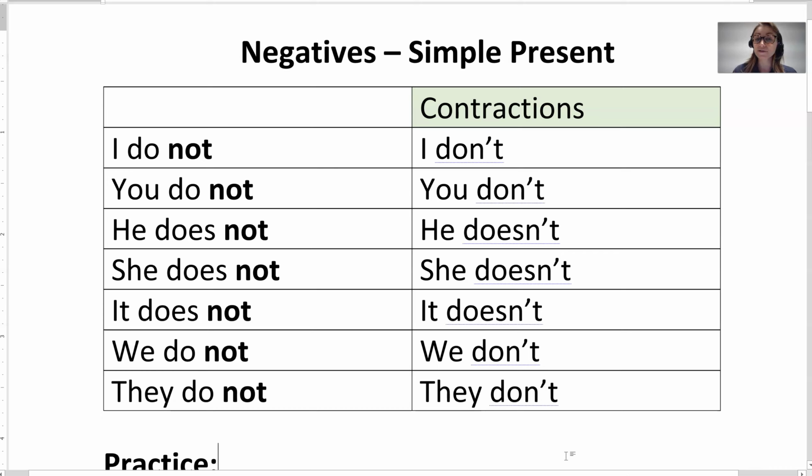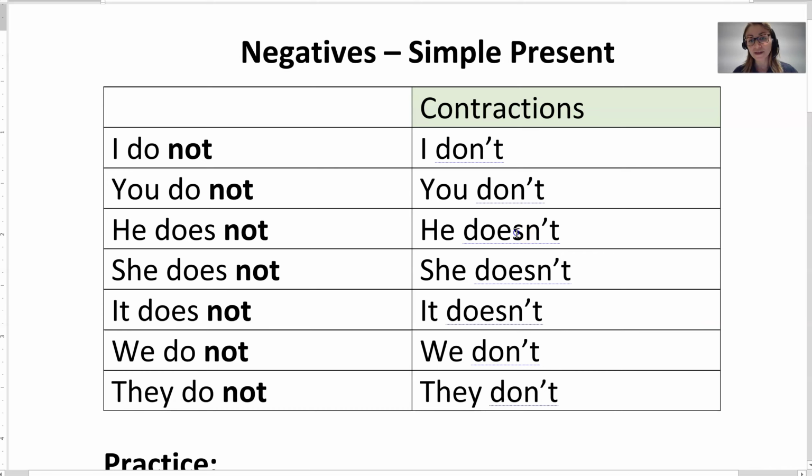So again, we usually use contractions in American English when we're speaking because we want to speak faster. Okay, so one more time on contractions. I don't, you don't, he doesn't, she doesn't, it doesn't, we don't, they don't.